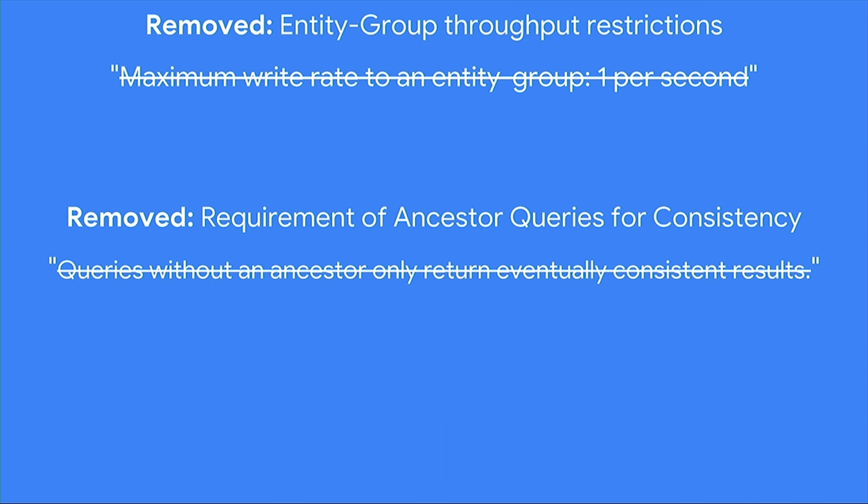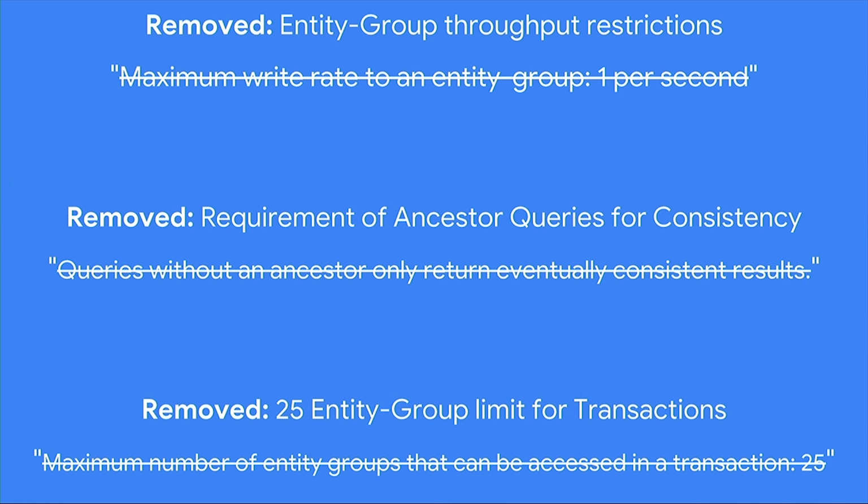The second one is you no longer need to use ancestor queries to have strong consistency. All queries across Cloud Datastore, when you're using Cloud Firestore in the new Datastore mode, will be strongly consistent. And the last thing we're removing is the 25 entity group limit for transactions. It doesn't matter how many entity groups you use in Cloud Datastore, we will support the transactions for it.